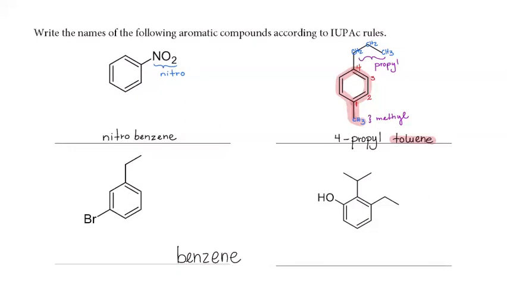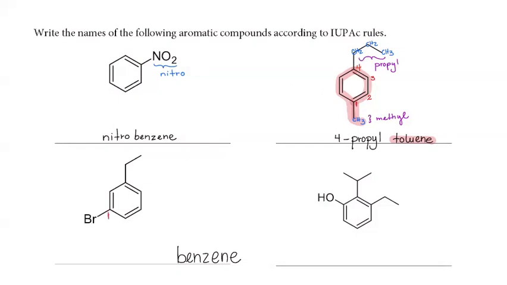Now, we learned before that if I have two substituents only, the one that gets position 1 is going to be the one that comes alphabetically first. So who's going to get position 1 in the numbering? Excellent job, the bromine.